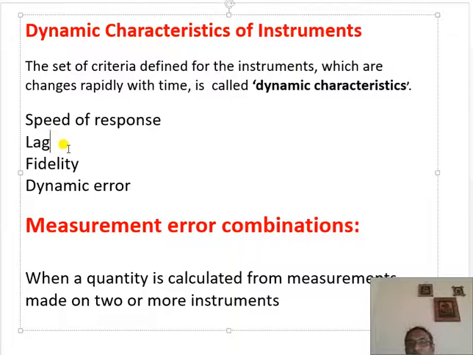Fidelity can be affected by different fidelity factors. Dynamic error is due to the change of environment, change of devices, as well as human error. It is a combination of human as well as instrumental error, and it changes with respect to time. That's why it is known as dynamic error.